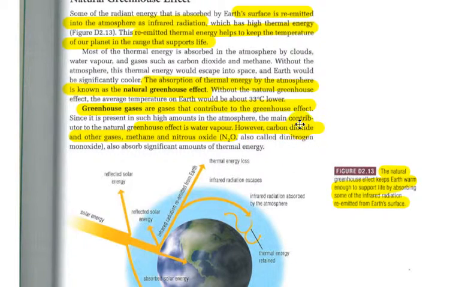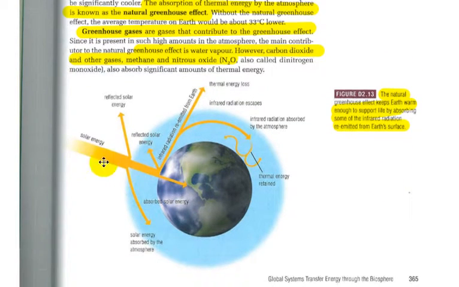However, carbon dioxide and other gases, methane and nitrous oxide, which is also dinitrogen monoxide, also absorb significant amounts of thermal energy. So as we can see, solar energy comes in, heats up the planet. Of course, energy escapes from the Earth as well, but those gases keep it in here. So we can see infrared radiation is absorbed by the atmosphere and keeps this region the same temperature. And of course, some escapes, but a lot is reabsorbed.